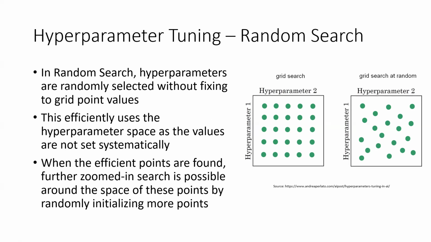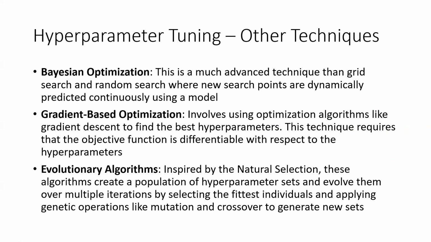So that is one technique that is an alternative for the grid search. Other than these two techniques, there are some other techniques as well. For example, Bayesian optimization, where you are using the Bayesian technique instead of using the grid.